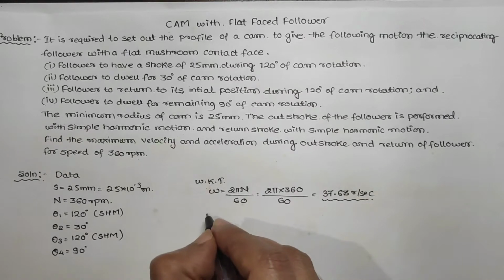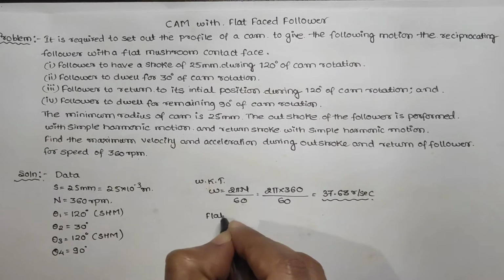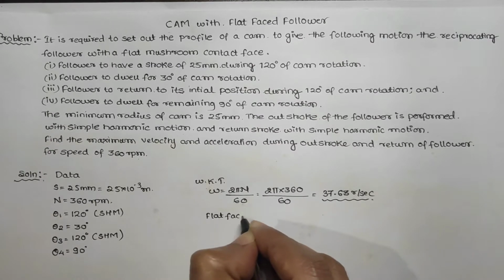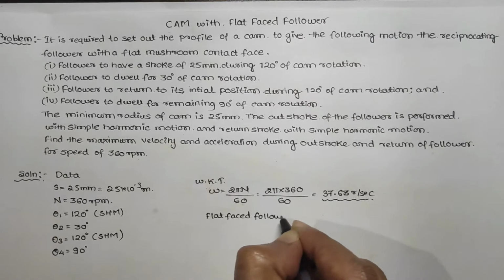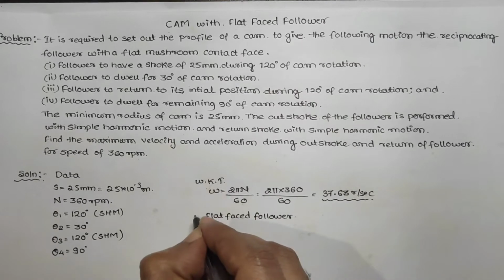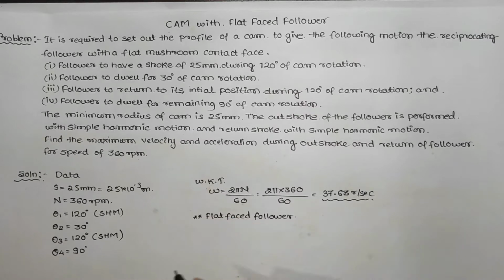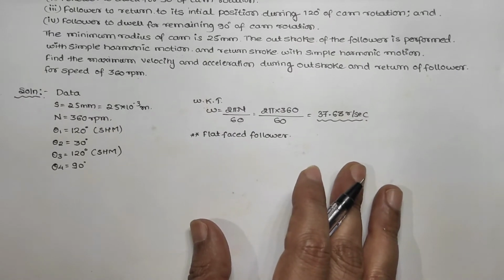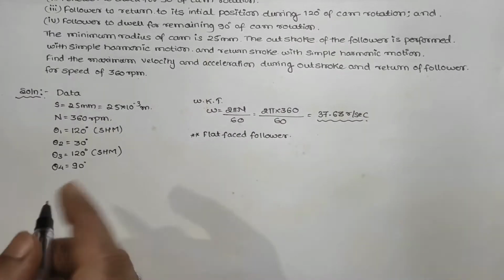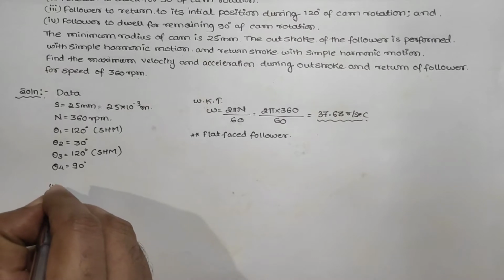Then it is a flat faced follower. We'll write it here so that we'll remember it. Okay. Next, we need to find the maximum velocity and acceleration.